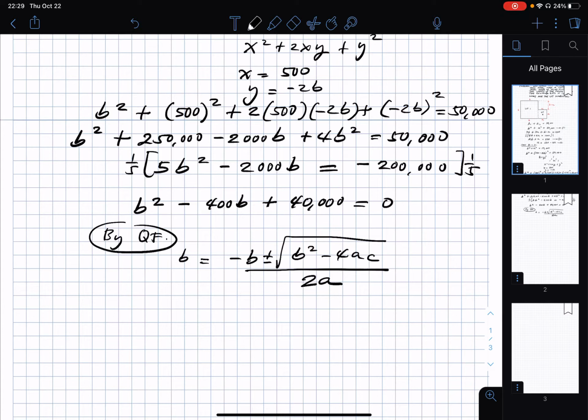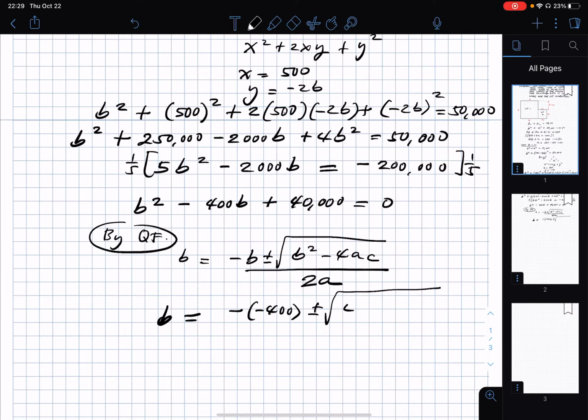Okay, your a is 1 and your c is 40,000. That is your substitution here. So b will be minus 400 plus or minus, okay, depends on what will be the value here.